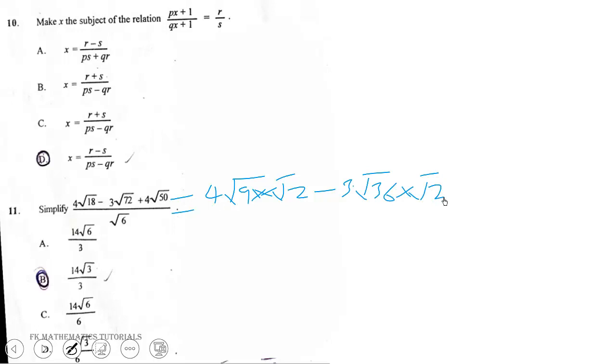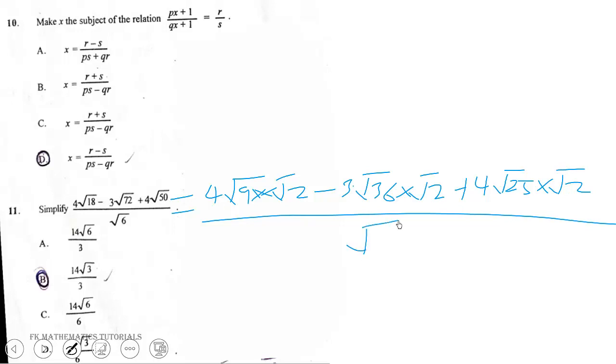Then plus root 50 is the same as root 25 times root 2, all over root 6. Root 6 is the same as root 3 times root 2.